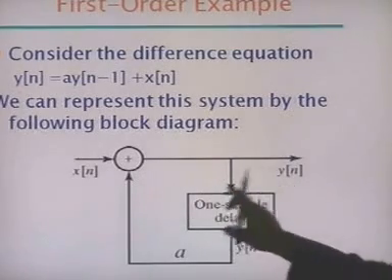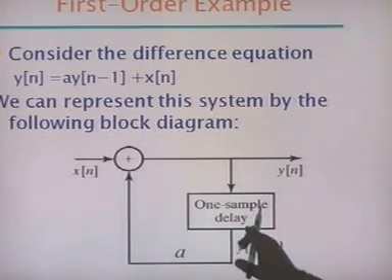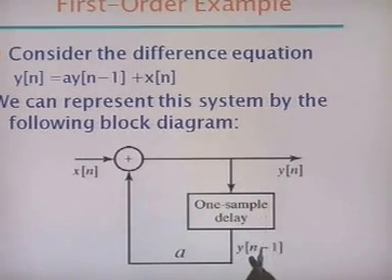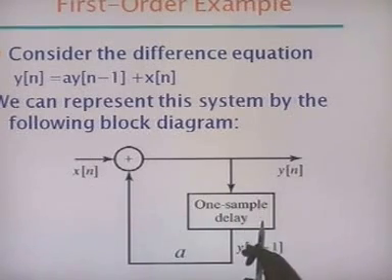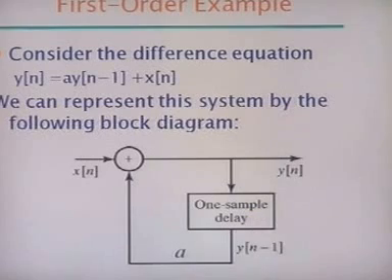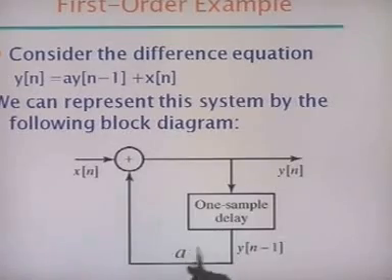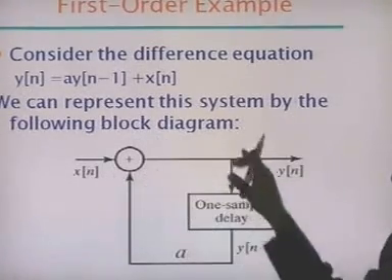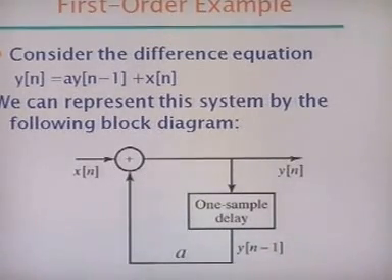Your y of n, if you delay it by one sample, will become y of n minus 1. So the output here is basically the previous output, because the present one is just waiting here for the clock cycle. This previous output is scaled or multiplied by some factor and added to x of n to give you your present output. So this is a system which has feedback, and it's a first order system. This is an example of a block diagram.